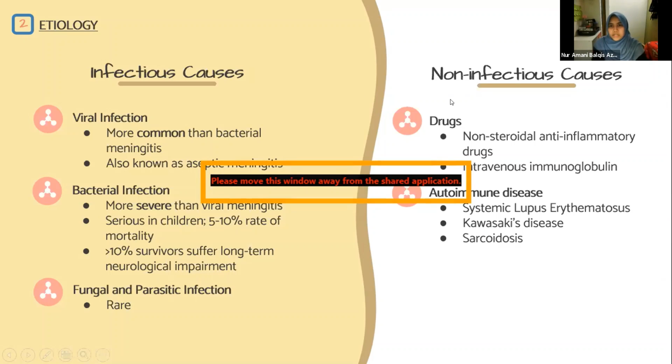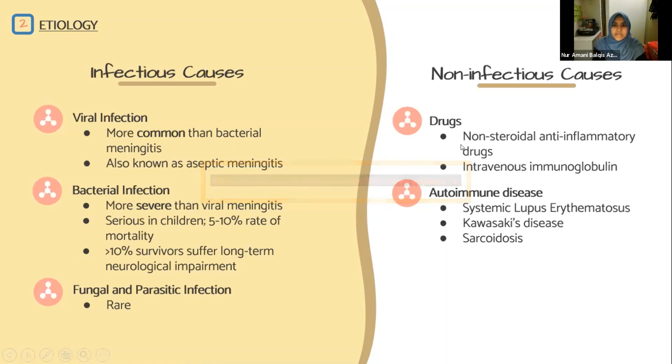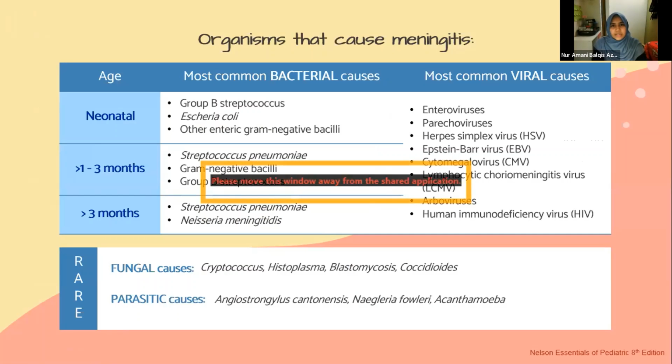Meanwhile, for non-infectious causes, it can be due to drugs or autoimmune diseases. For drugs, I believe it is because of hypersensitivity reaction, and for autoimmune disease, we know that it can cause inflammation as well. Okay, so these are the organisms that can cause meningitis.